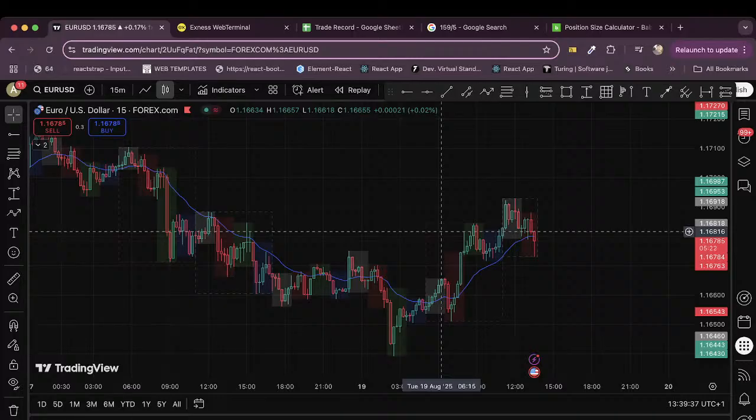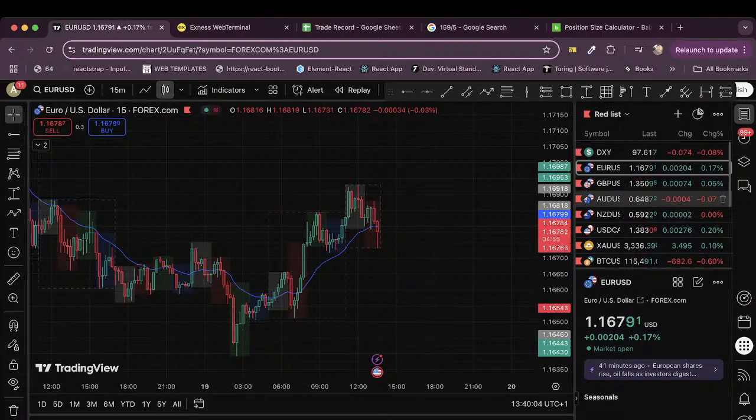What I would most likely be focusing on today is DXY, and we will be using that in having some sort of confluence to what we would want to do on any major pairs that we deem fit that we should take. For the guys that joined the morning session, they will remember that we favored Aussie dollar for a buy.